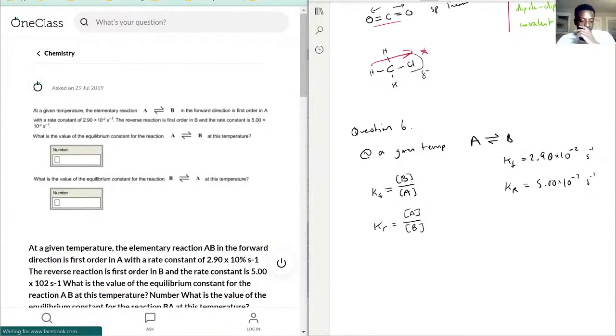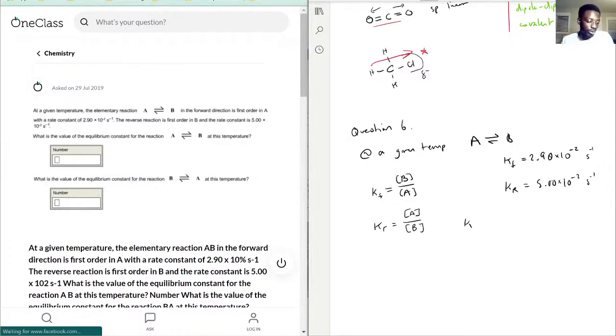And we want a value of the equilibrium constant, so when the forward and reverse reactions are happening at the same time to form that equilibrium.